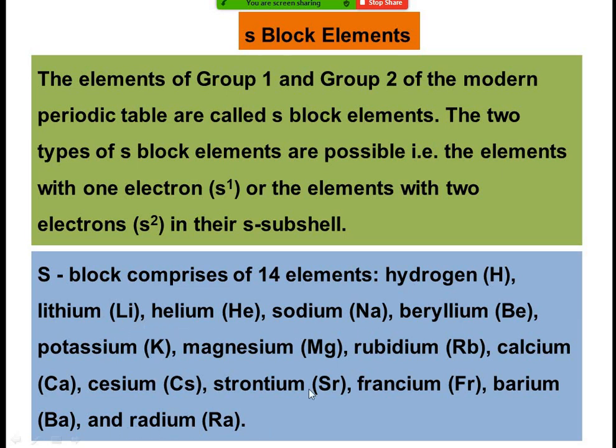These are the 14 elements of the S-block. Hydrogen and helium are the elements which are not present in group 1A and 2A. These elements are present in the first period, while the elements from lithium to sodium are all alkali metals, and beryllium, magnesium, calcium are alkaline earth metals.